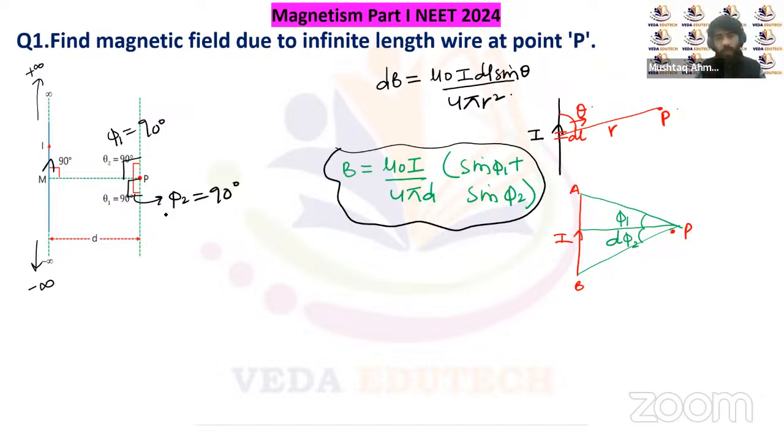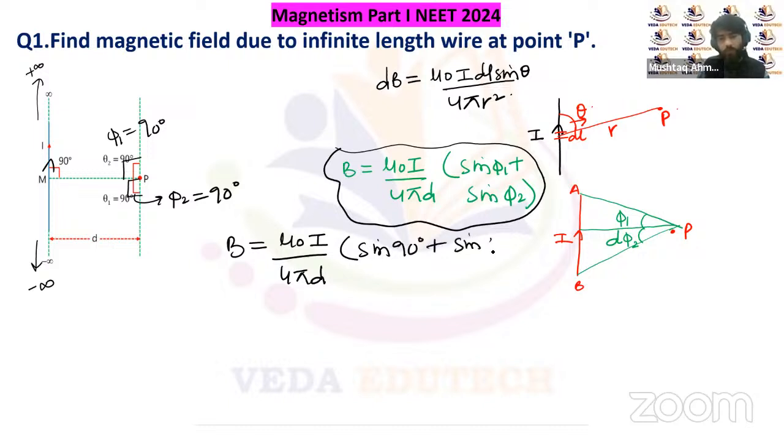Now at point P at a distance of d, the magnetic field due to an infinite current carrying wire will be mu naught I upon 4 pi d times sine of 90 degrees plus sine of 90 degrees, right? So sine 90 is 1, so we'll be left with 2 times mu naught I upon 4 pi d, but that is equal to mu naught I upon 2 pi d.